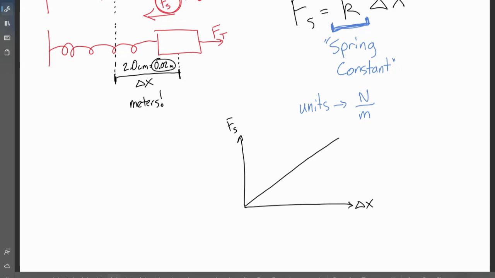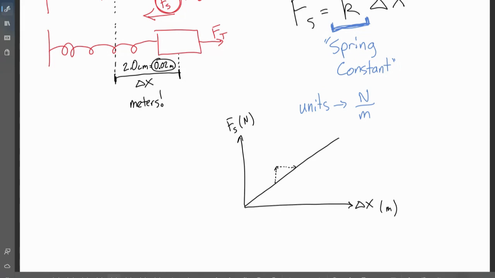So as delta X increases, so does the spring force. The spring constant is given in units of newtons per meter, since spring force is in newtons and delta X is in meters. Basically, this is the slope of that graph. It's rise over run, newtons per meter.